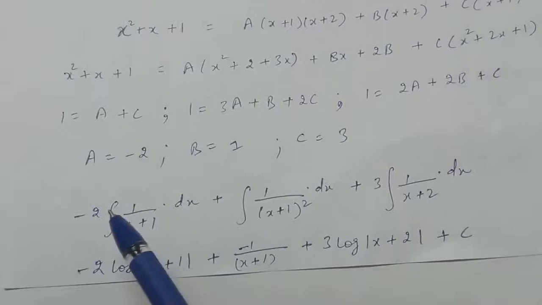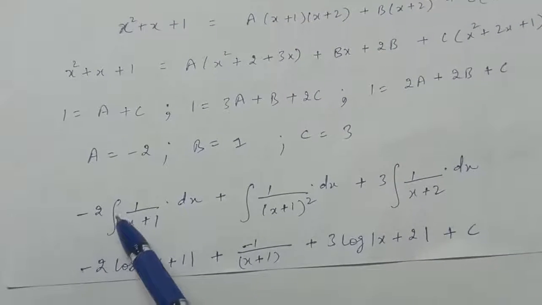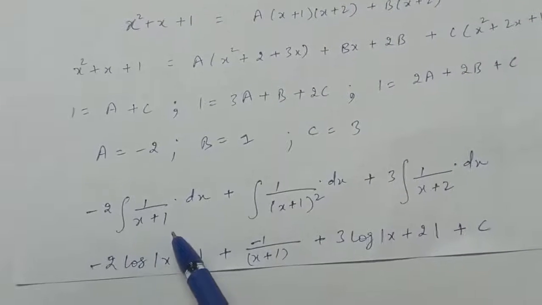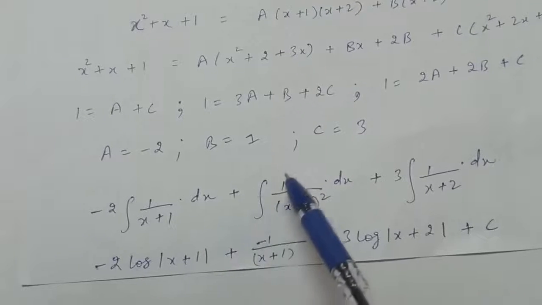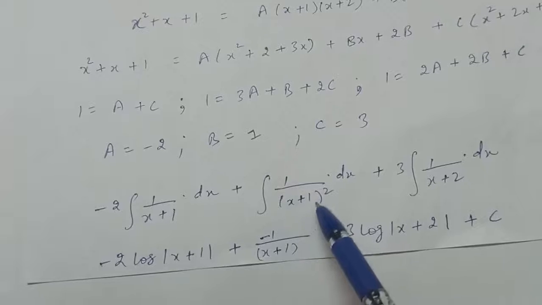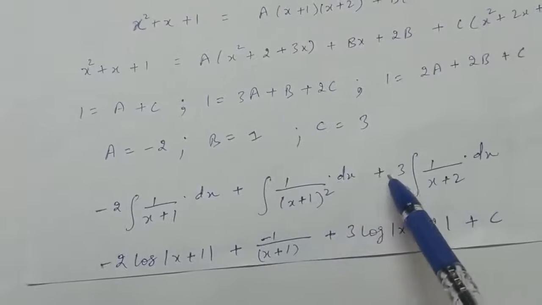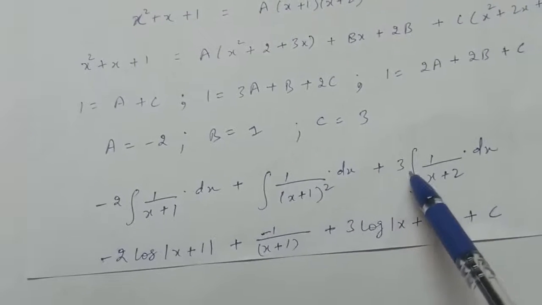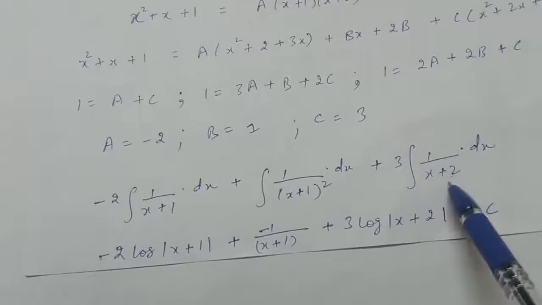So the given integral will now become minus 2 integral of 1 upon x plus 1 plus b integral of 1 upon (x plus 1) whole square plus 3 into integral of 1 upon x plus 2.